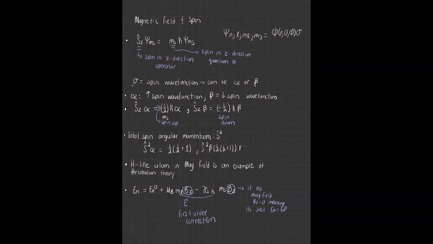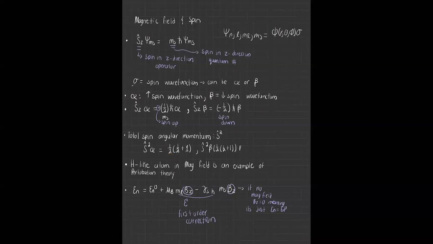And when you operate the operators on these terms, like Sz, you'll find that this gives positive 1/2 times h bar for spin up, and negative 1/2 times h bar for spin down. It's determined by the ms quantum number. So if ms is positive 1/2, it will have the alpha wave function. If it's negative 1/2, it'll have the beta wave function. The total spin angular momentum is pretty much like the total angular momentum: you plug in whatever spin you have.